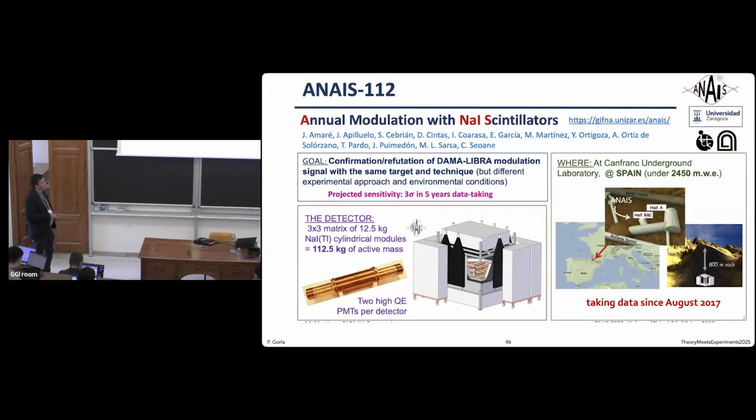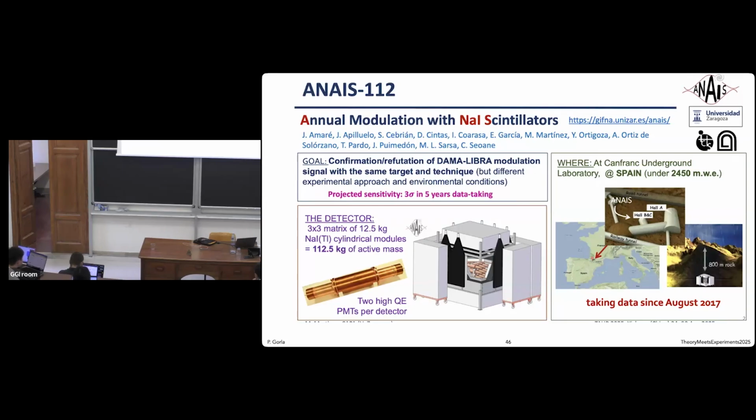So there are a number of things going on. But what is relevant here is that, for example, ANAIS released results last year. Canfranc Laboratory is in the Pyrenees, near Zaragoza in Spain, one hour from Zaragoza, in the tunnel that connects Spain to France through the Pyrenees mountains.